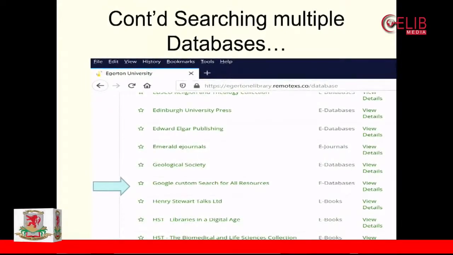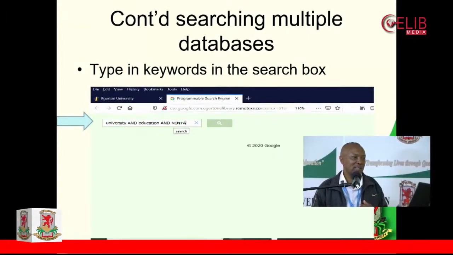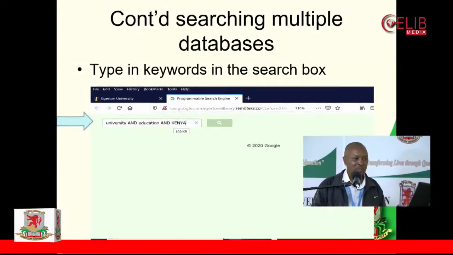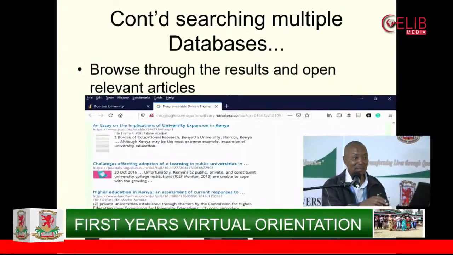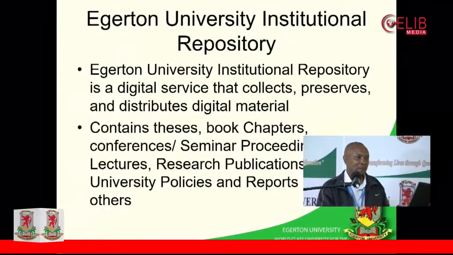It is down there. We have listed it among our e-resources. So you simply go to Google Custom Search and you search all documents, all resources at the same time. So, for instance, I'm searching university and education and Kenya. This is what we call Boolean search. You combine using the Boolean operators and, or, not. So you simply use the same searching strategy, and that is how we do it.